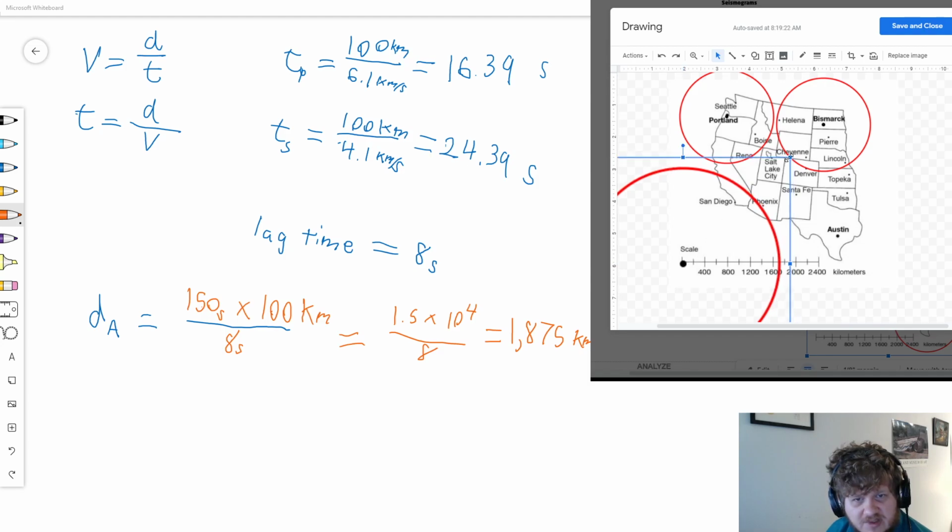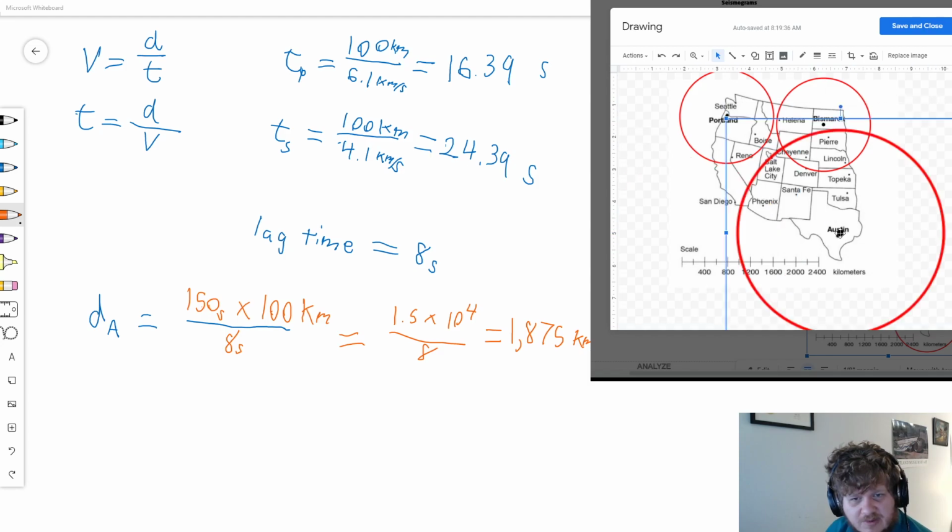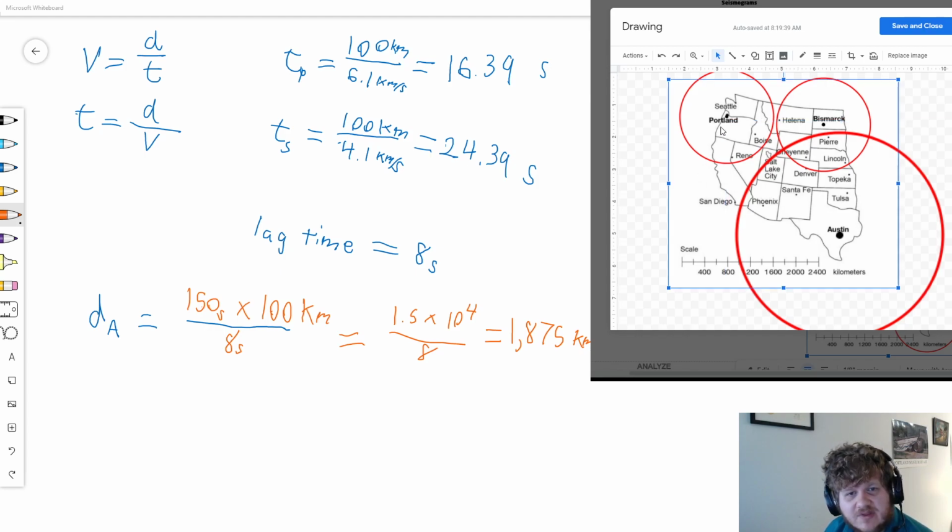So a little bigger. And so I'd say this is probably close enough. It doesn't have to be 100% precise, and then we'll put the dot over Austin. And so now it's over Austin, and then what you're going to do is the same thing for the other two locations.